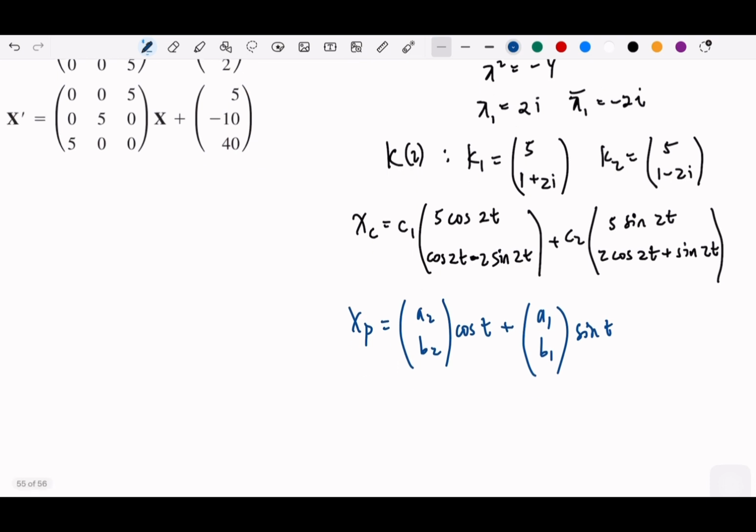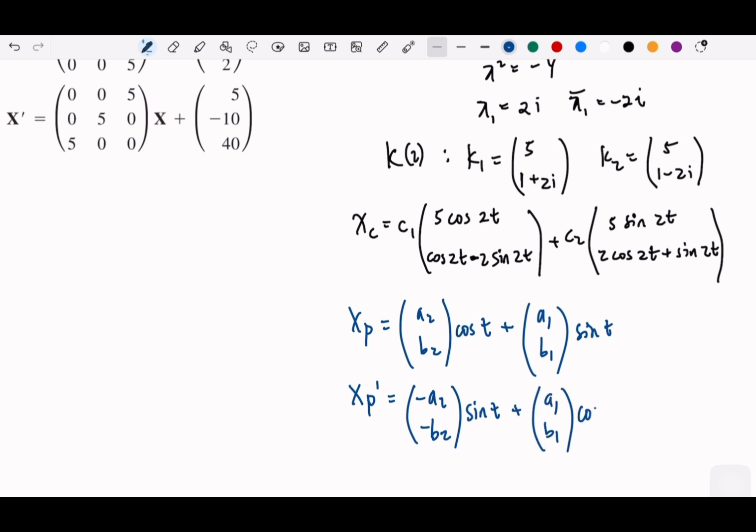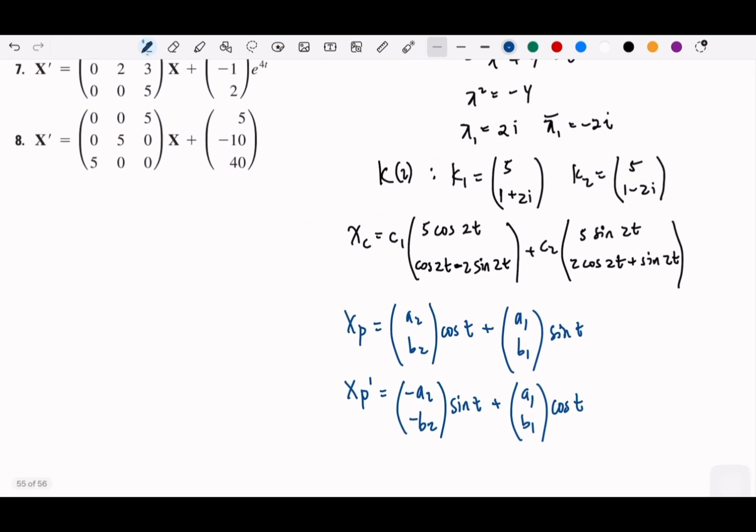Of course, we can also take derivatives to get into the system, and by these two we can substitute into the original equation.